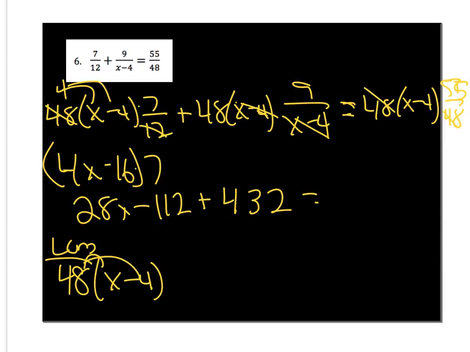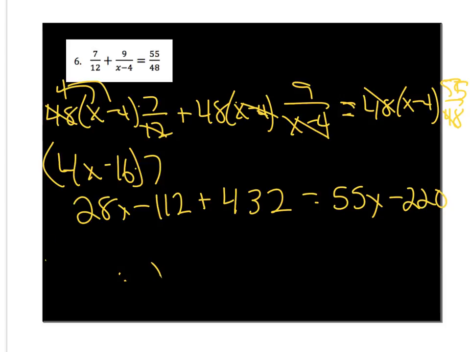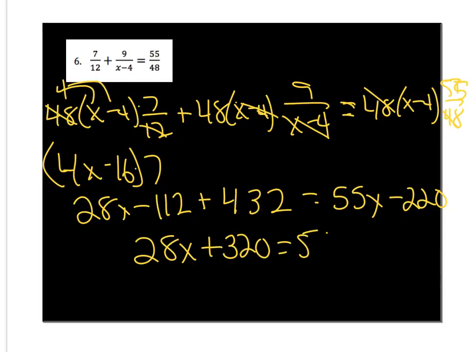Over here, 48 cancels out. So I will have 55x minus 220. So I'll give myself a little bit of room to work here. So I have 28x plus 320 equals 55x minus 220.